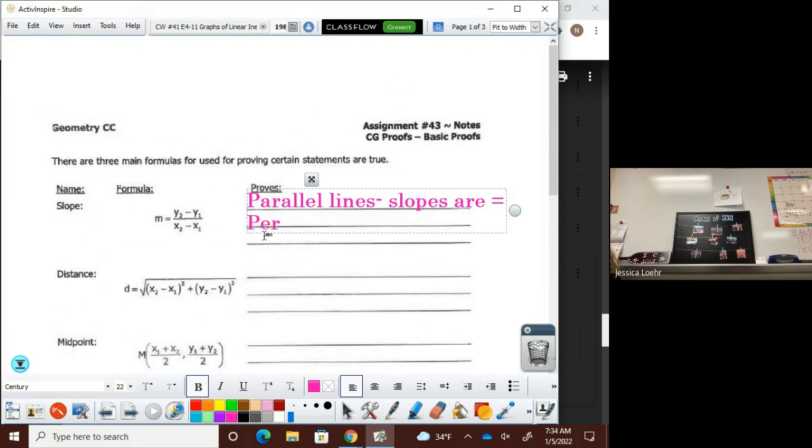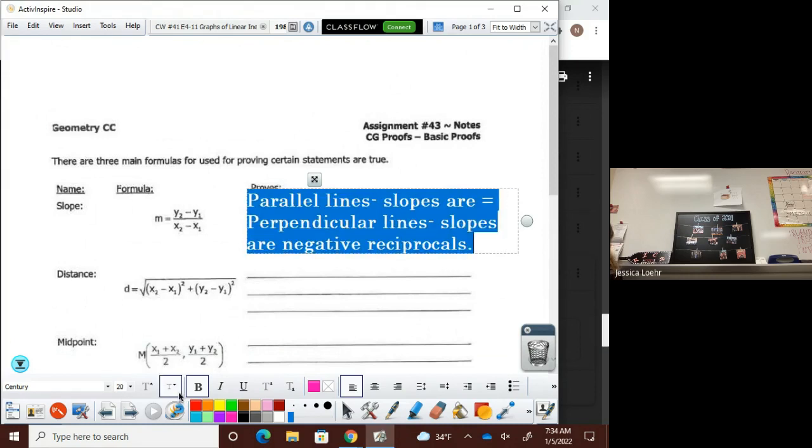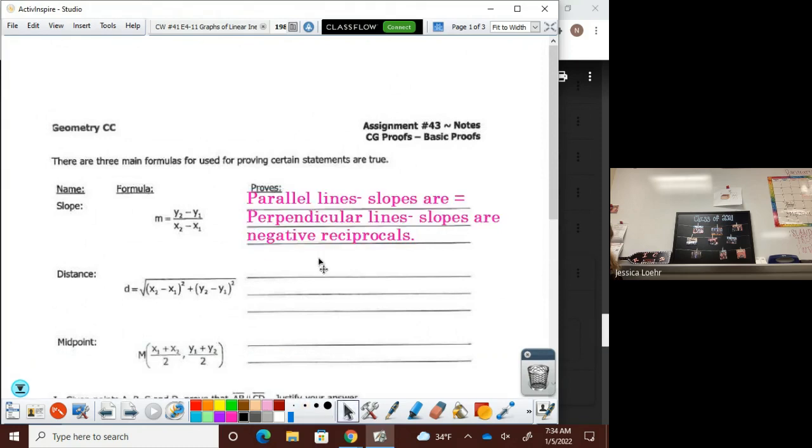It also proves perpendicular lines, if the slopes are negative reciprocals. Okay?